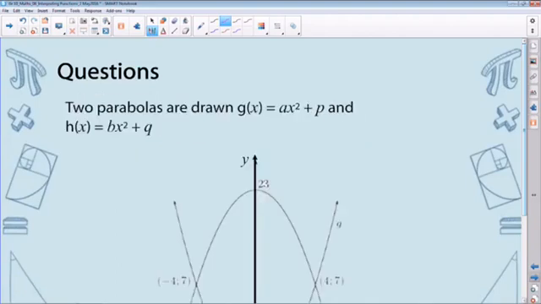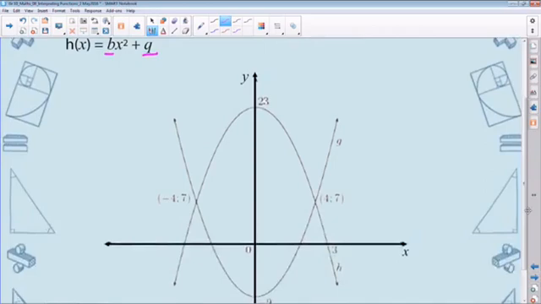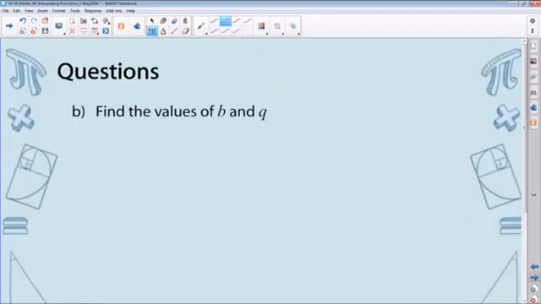Now moving on, the next question asked us to find the values of b and q. So once again, we need to look at our function. Now in h of x, our y-intercept is 23. So we can substitute that in immediately.